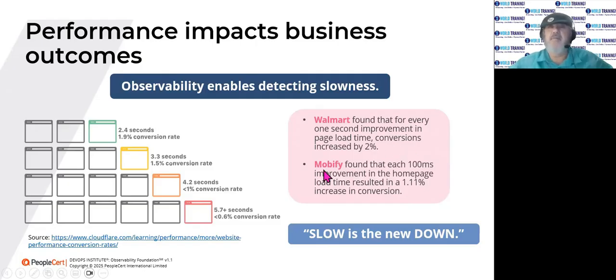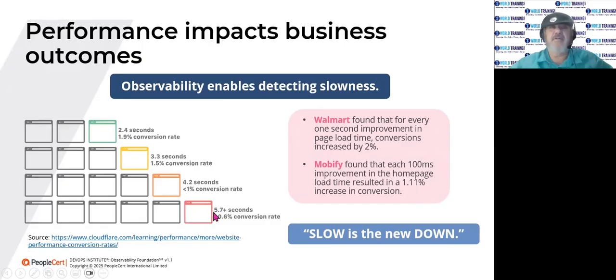And similarly, Mobify found that each 100 millisecond improvement in the homepage load time resulted in a 1.1% increase in conversion. So the little chart here on the side just pretty much does the same thing. When you've got faster response time, you're getting a higher conversion rate.